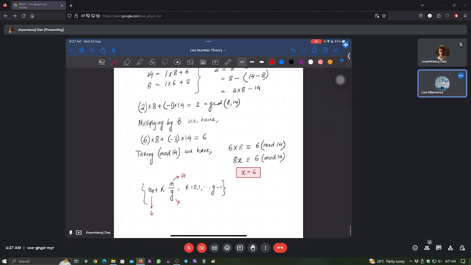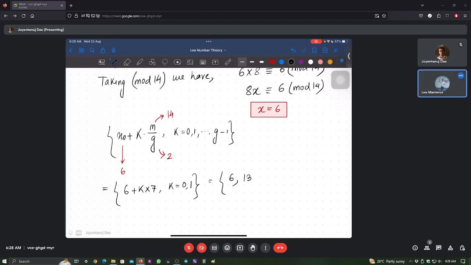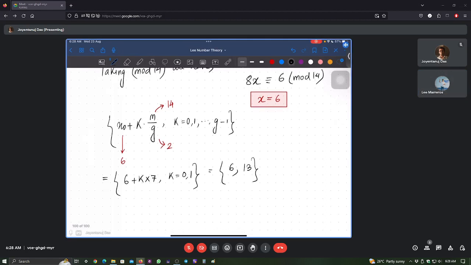So for this problem the solution set is 6 plus k times 7, and k is 0 and 1 because g is 2. The first solution is 6 for k equals 0, and for k equals 1 it is 6 plus 7, which is 13. So there are only two solutions.